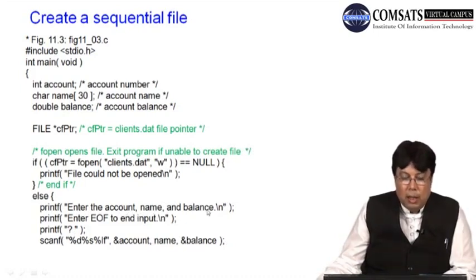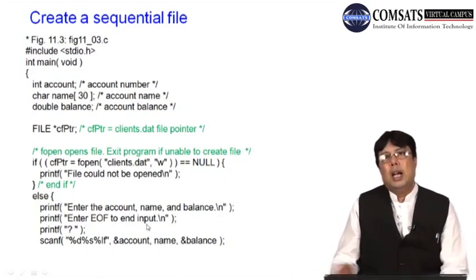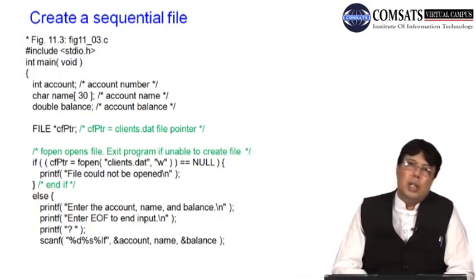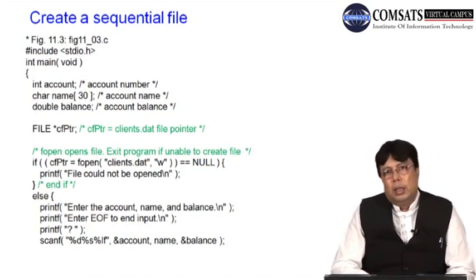Three fields are there that we have defined: account, which is an integer, name, which is an array of characters, and balance, which is double. So you will enter there, and enter end of file to end the input.